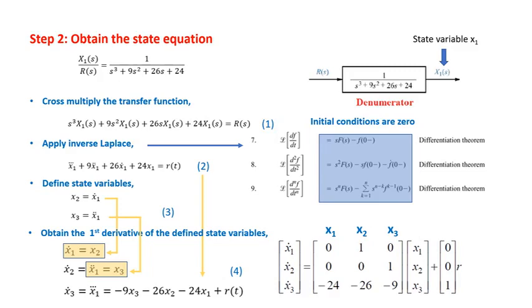Thus, x2 dot is x1 double dot, which also equals x3, and x3 dot can be obtained from equation 2. Finally, equation 4 can be arranged and written in matrix form to get the state equation as shown on the slide.